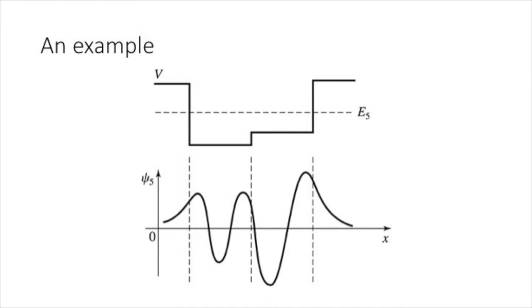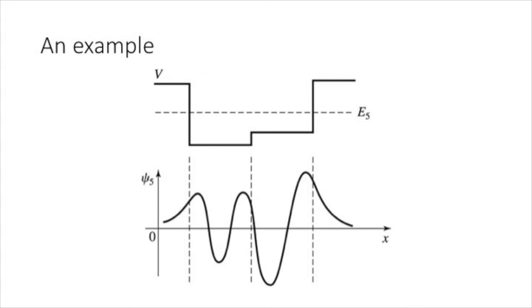So, this example, which is from Townsend, ties together quite nicely all the things that we talked about. We have here a well that has a step in the middle, and it's a finite well. Within the well, we're told we're looking at E5, so this is going to be the fourth excited state. The energy is larger than the potential energy everywhere inside my well.